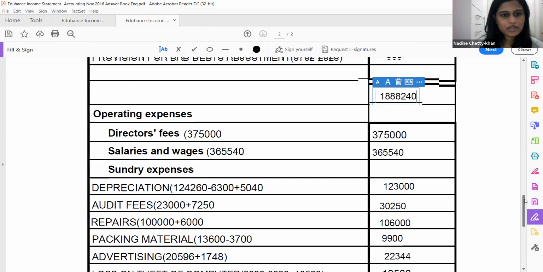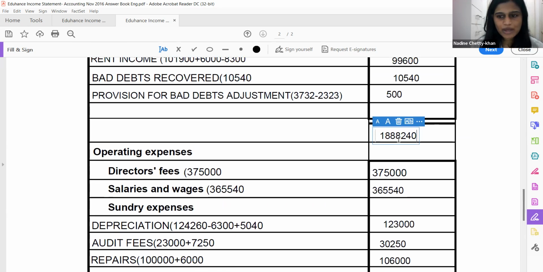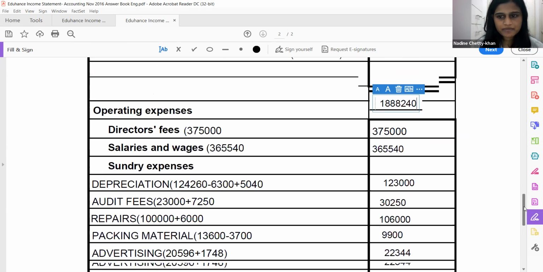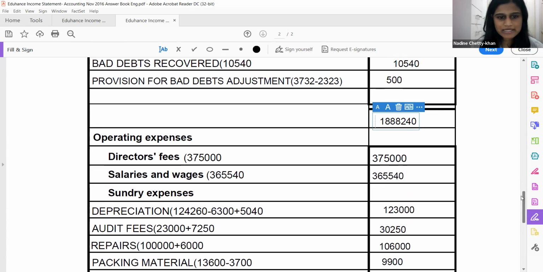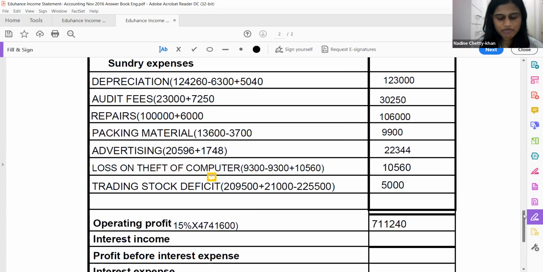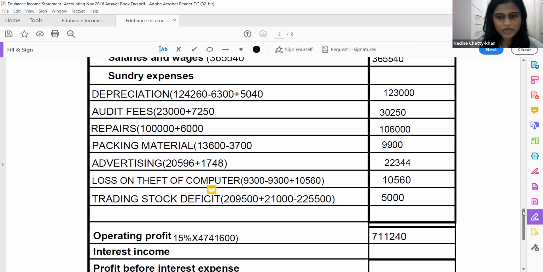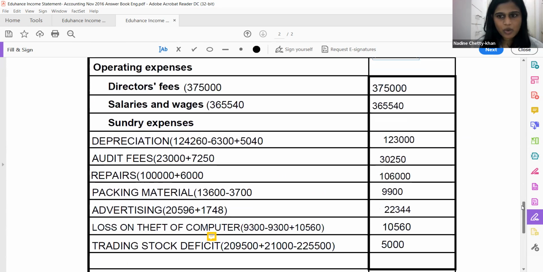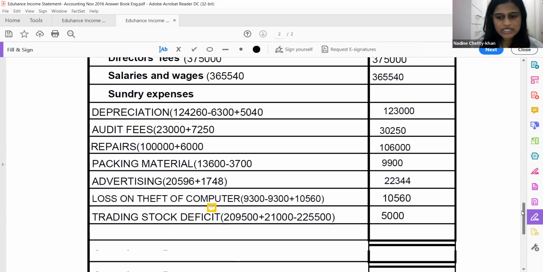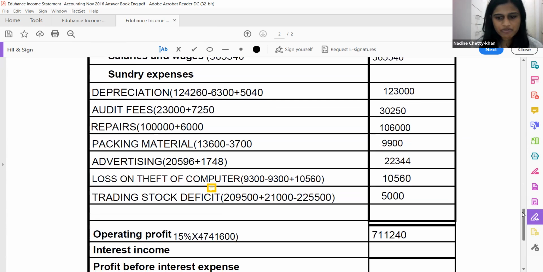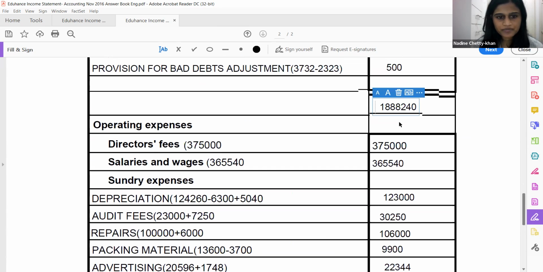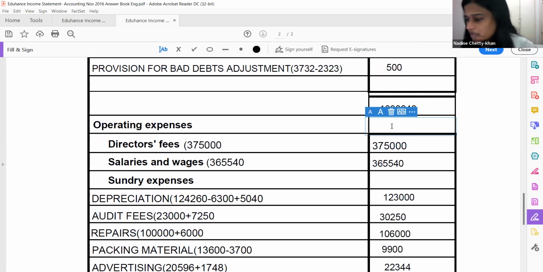We know that this total of 1,888,240 minus our expenses will give us operating profit. So we work backwards and we say 1,888,240 minus the operating profit of 711,240. It will give us our total operating expense amount in brackets of 1,177,000.